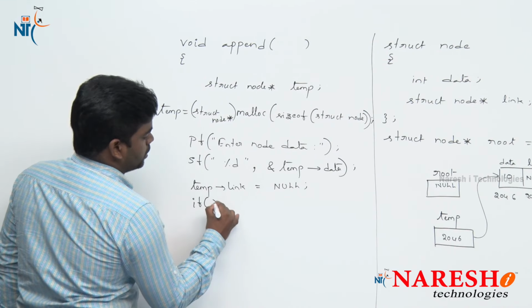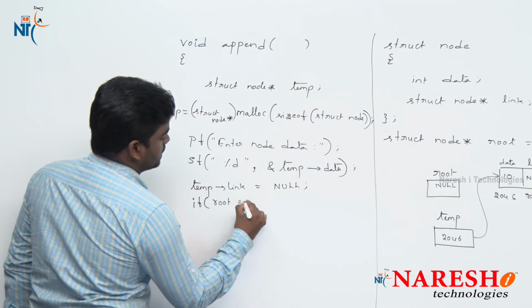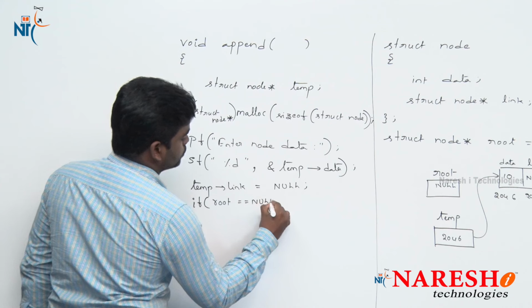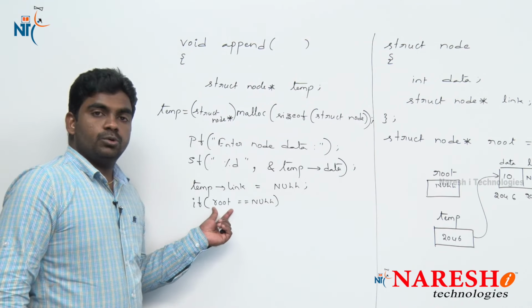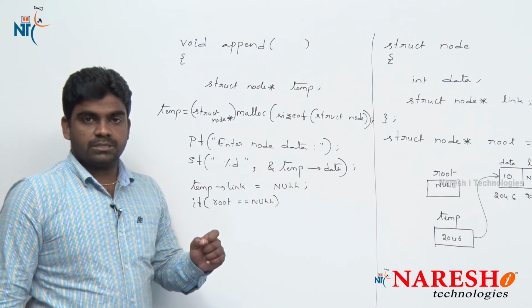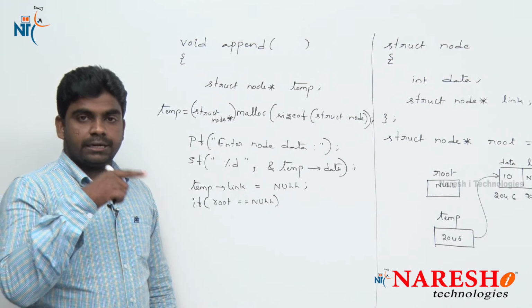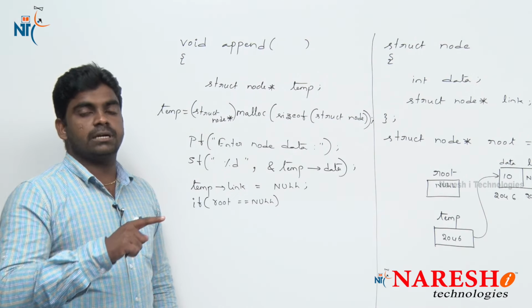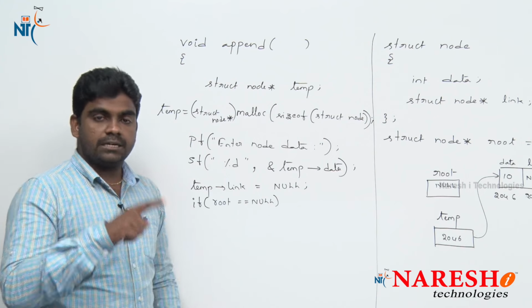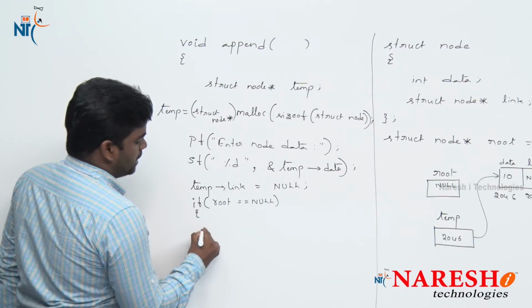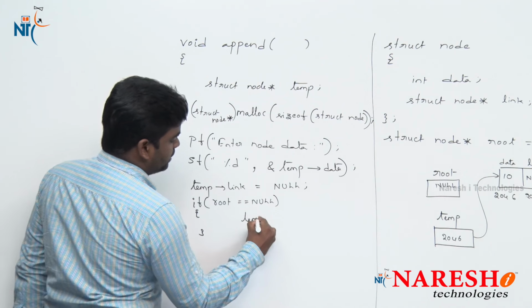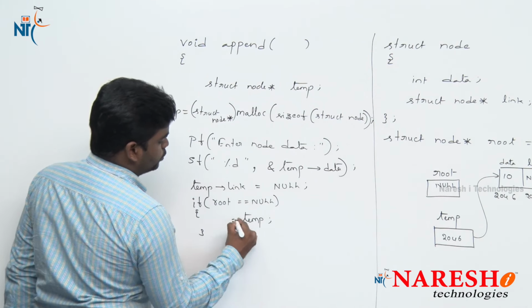If root is equal to null, what does it represent? The root is not pointing to any node. That means the node you have newly created should be the first element. So in this situation, we are assigning the temp value to root.